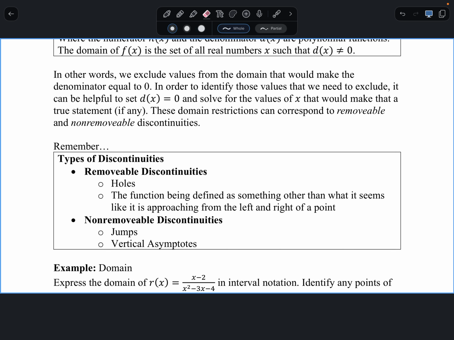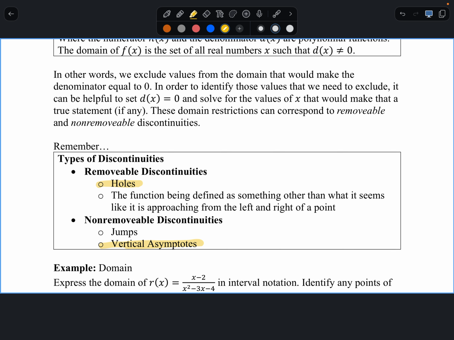And remember, removable discontinuities manifest graphically as holes, or like when the function is actually defined as something else. This happens with piecewise functions. That's not going to happen with rational functions. So in thinking about rational functions, our discontinuities will correspond to either holes or vertical asymptotes.